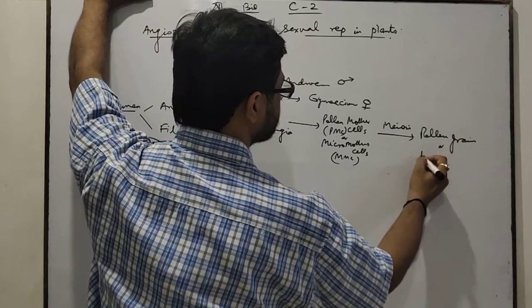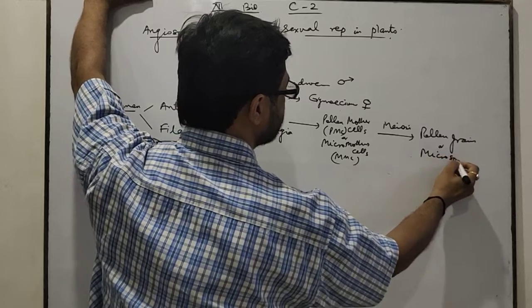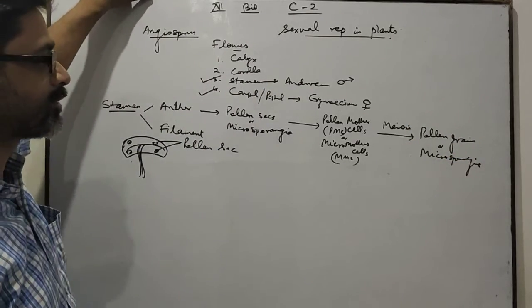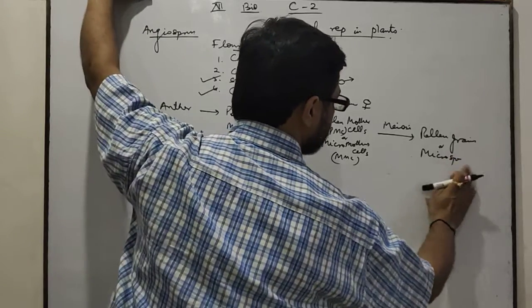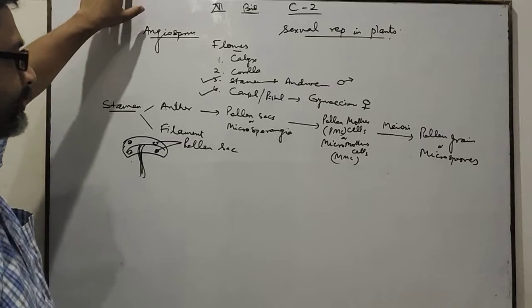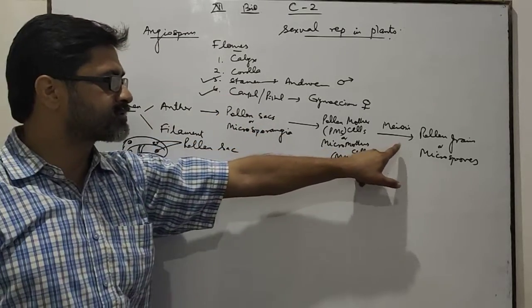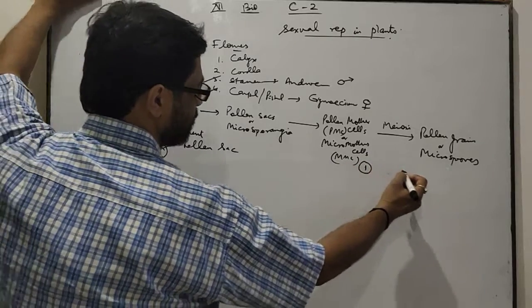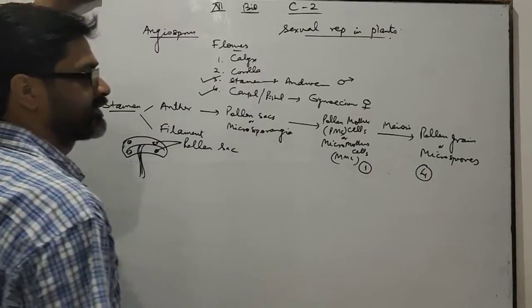They are also known as microsporangia. Microspores, or you can say pollen grains. After meiosis, pollen grains are produced. One pollen mother cell produces 4 pollen grains.